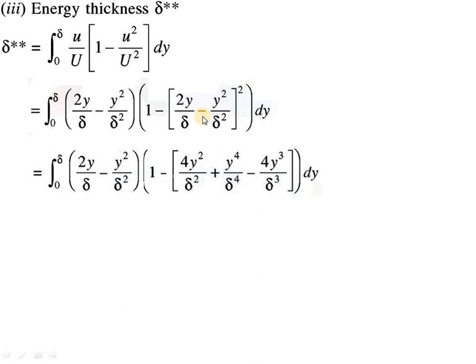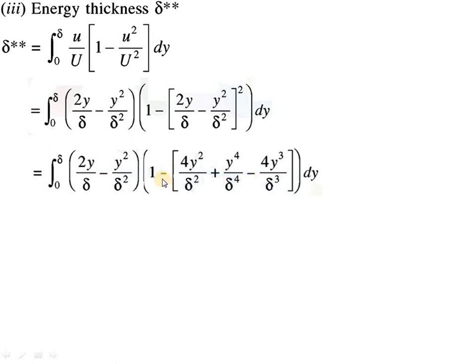It will be positive. Remember, square of negative will be positive. Minus 2ab, it means minus 2 multiplied by 2y by delta into y square upon delta square. So that gives you 4 times y cube upon delta cube negative.